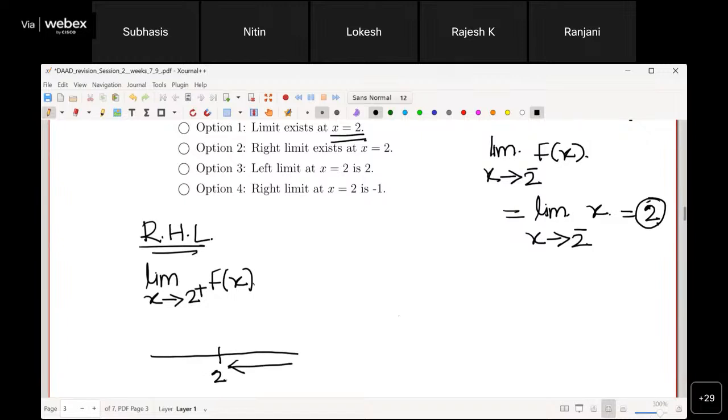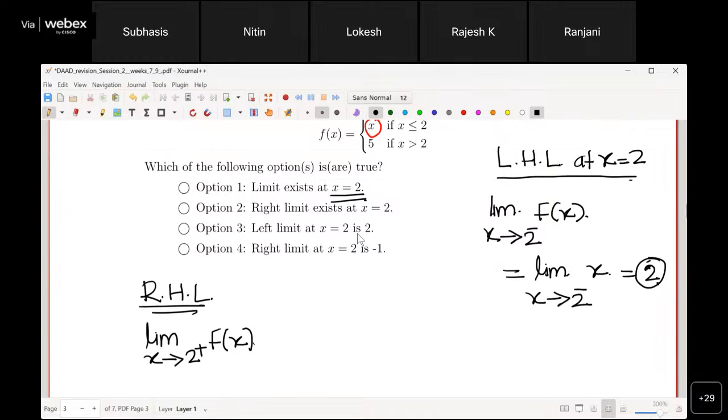That means I'm approaching 2 by using some points which are greater than or equal to 2. In that case, this value of this function is precisely 5. So the right hand limit is equal to 5.